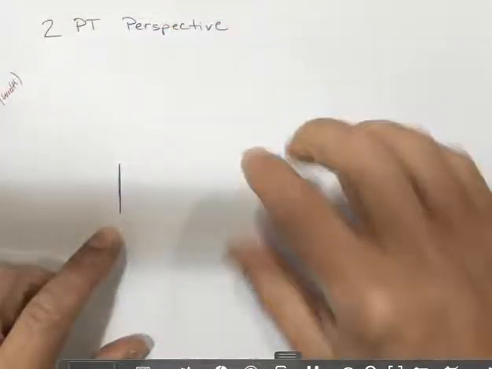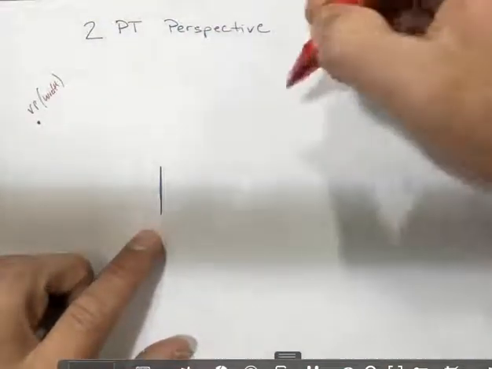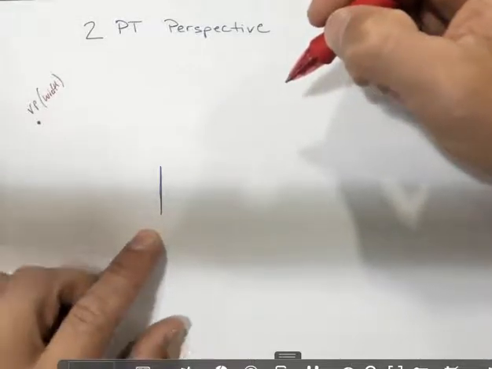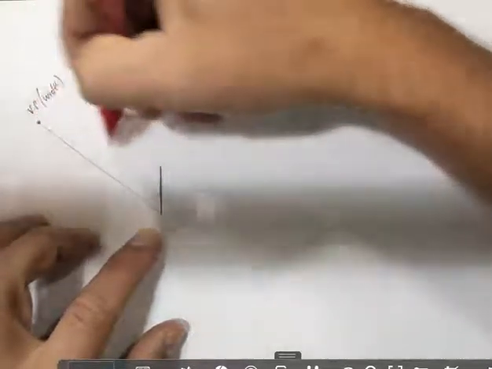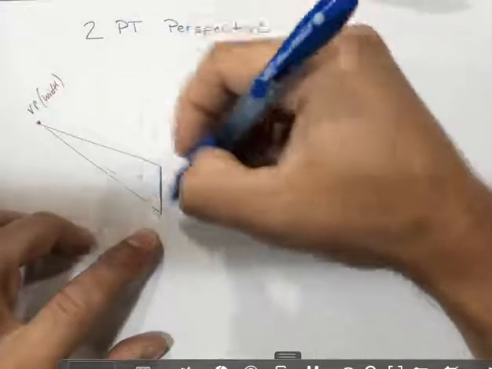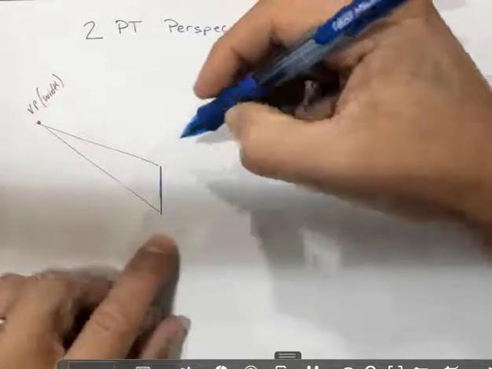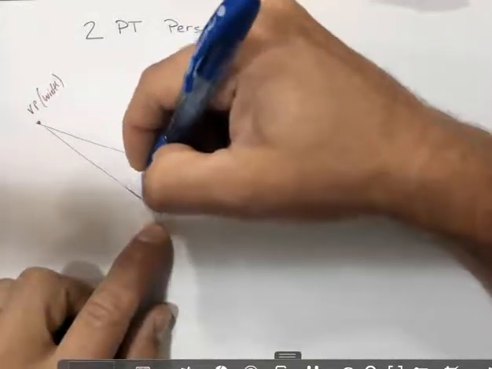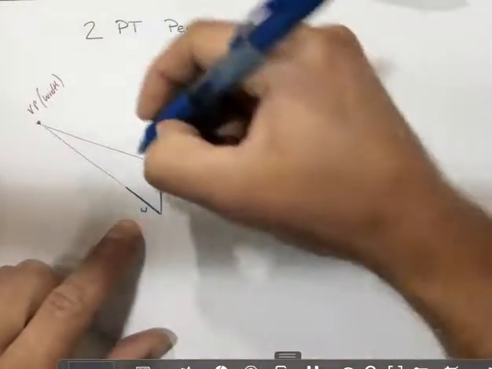So instead of just drawing the front face orthographically, I'm not going to draw my widths until I start drawing these construction lines towards that vanishing point. Again, those would be extremely faint and light with a pencil. And then I'm going to set my width.